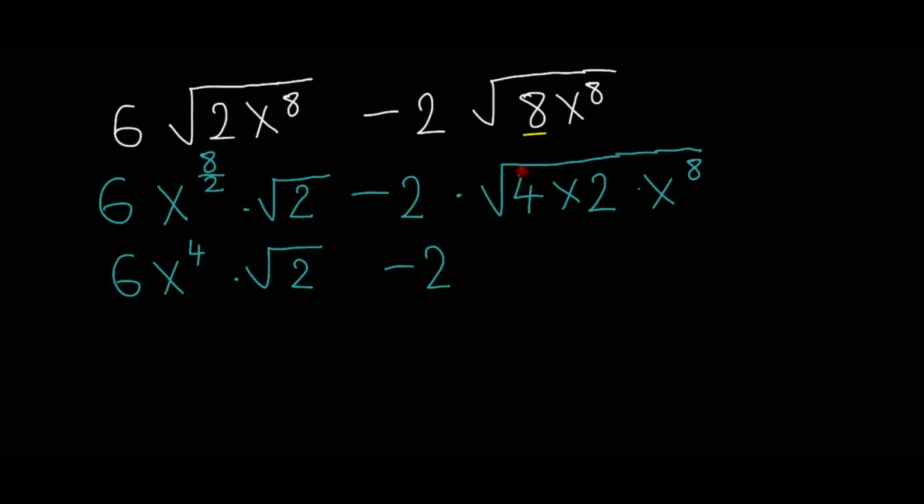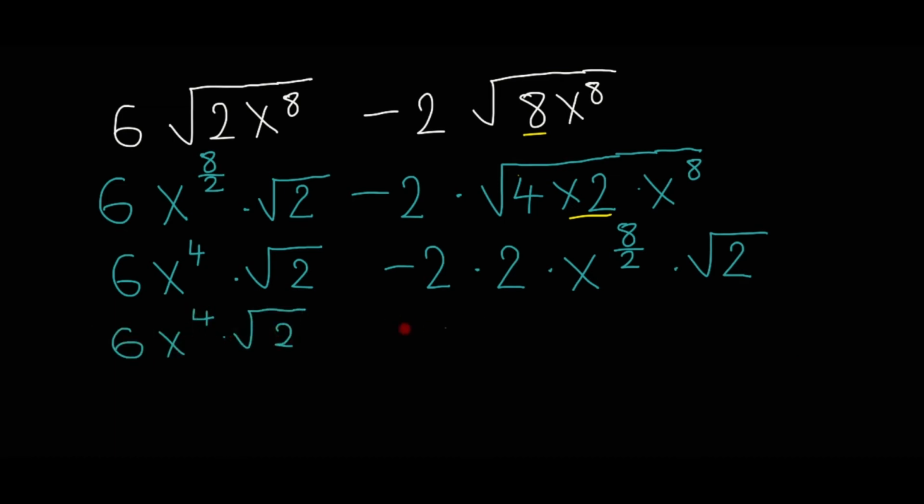So this one is a perfect square, so square root sa 4 ke 2, and then x to the power 8 divided by 2 because mo tshwana le ge re na le 2, and then because these 2 ga se perfect square ke tlo ngwala as root 2, and then from there ke na le 6x to the power 4 times root 2 minus, and then 2 times 2 re fa 4, and then ka ba le x to the power 8 divided by 2 ke 4, and then times root 2.